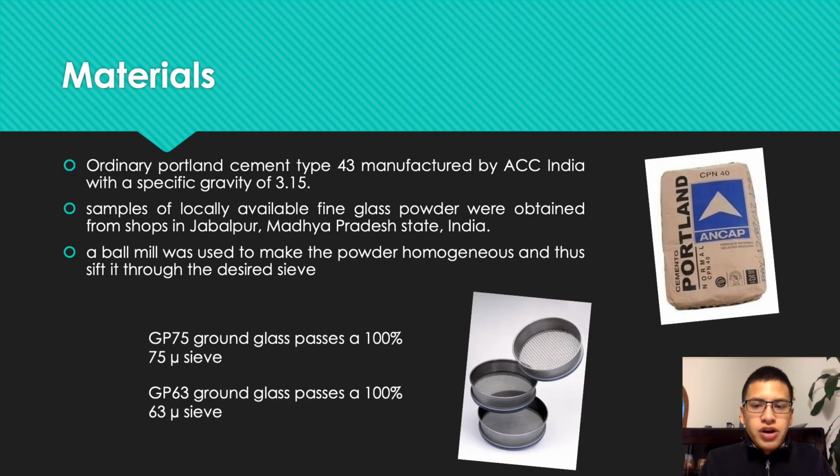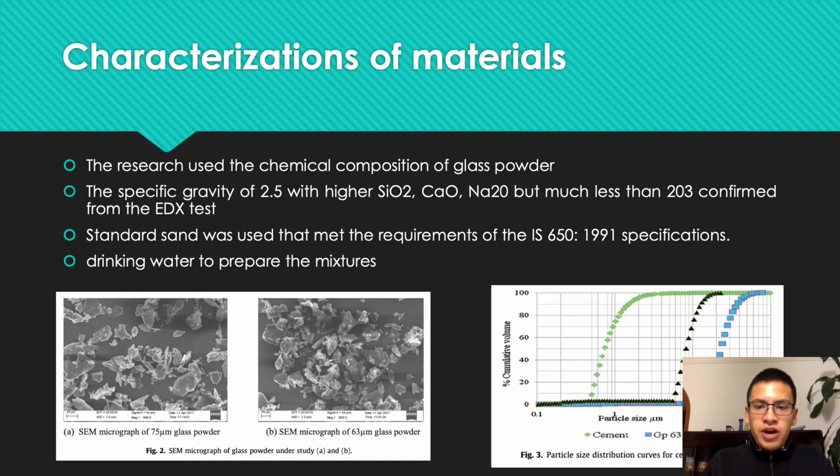In order to carry out this test, ordinary Portland cement was used, along with samples of fine glass powder that were available in the state of Madhya Pradesh in India. Here, in the characterization of the materials, we seek to investigate the use of the chemical components of the glass powder in an adequate way.